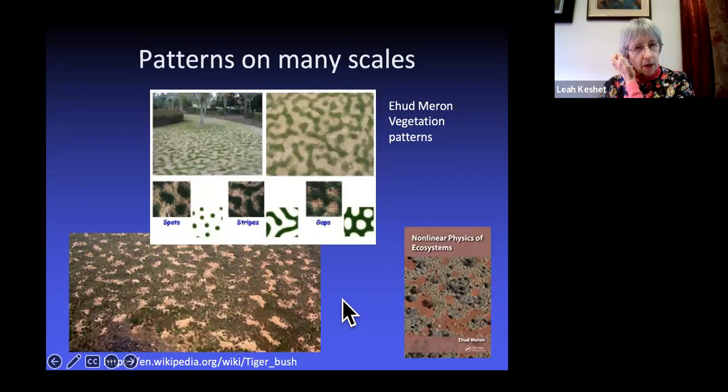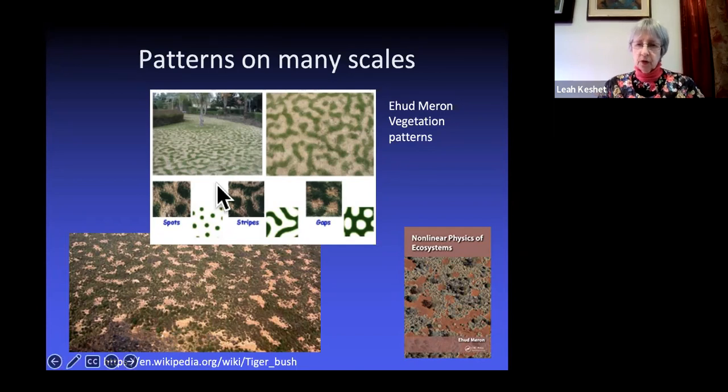Let me also remark that patterns, of course, occur on many scales. I know at least some of you are familiar with vegetation patterns, which are not quite the same as reaction diffusion patterns, but have many of the same underlying local activation and long-range suppression features that the Turing patterns have.